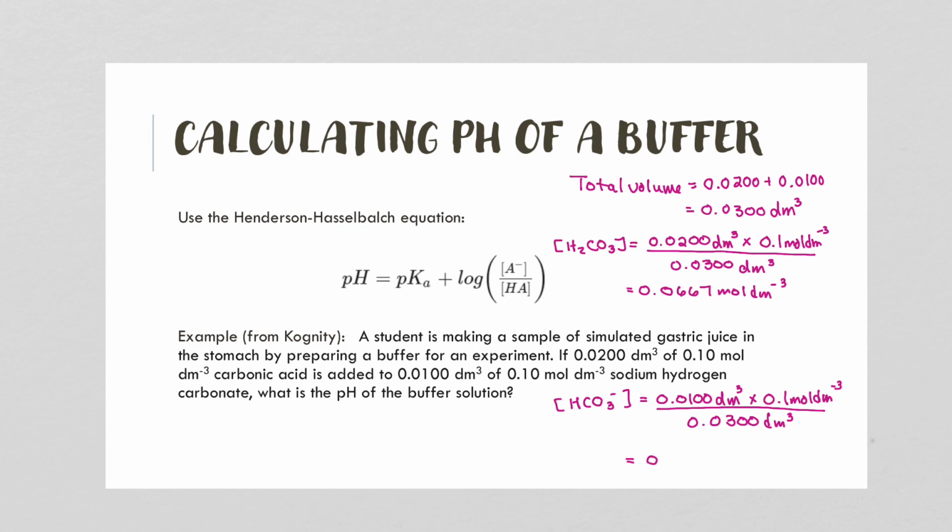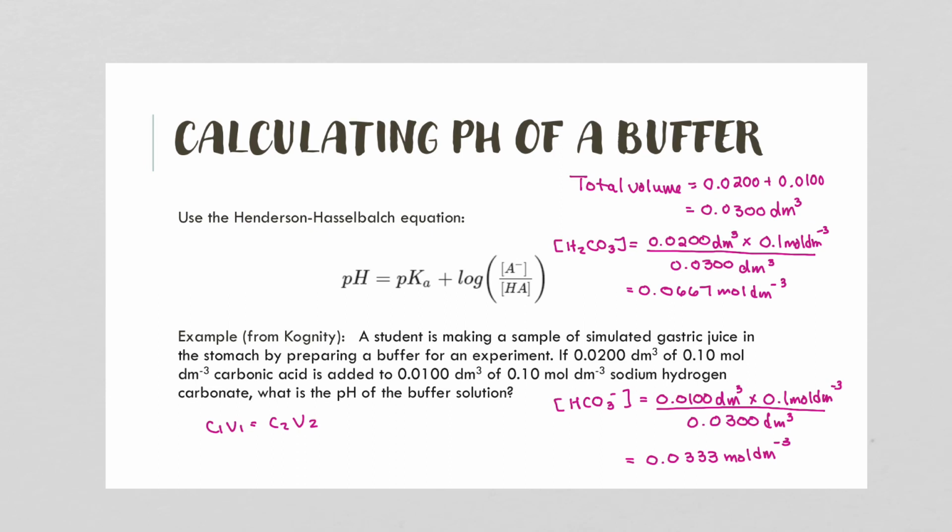Our answer is 0.0333 moles per decimeter cubed. So now we have our concentrations of the acid and base. Basically we used our dilution formula rearranged. Remember, the dilution formula is C1V1 equals C2V2, and you just rearrange to find your final concentration. All we did was multiply the initial concentration by the initial volume, and then to find the final concentration, we divided it by the final volume. It was like doing a dilution because we mixed it with another volume.